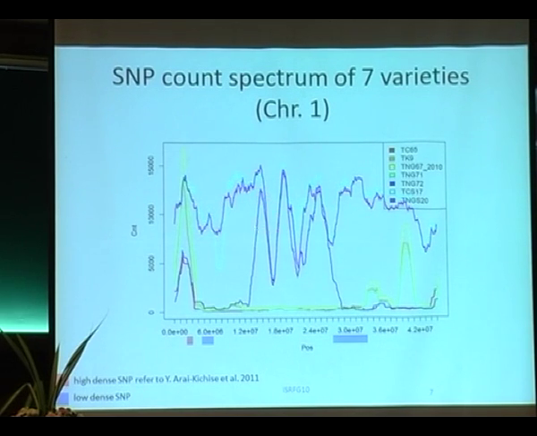Sometimes, somewhere for this japonica rice, Genome 72 in this area is very similar to indica and has a very high SNP count.